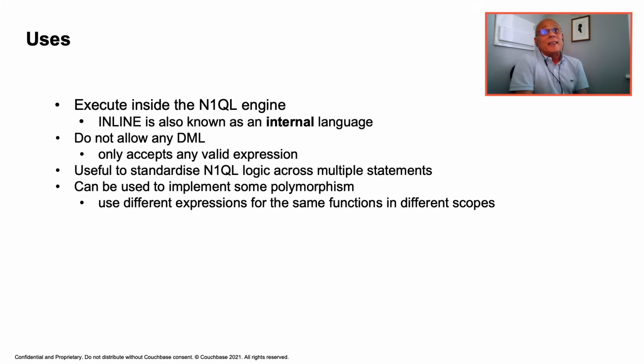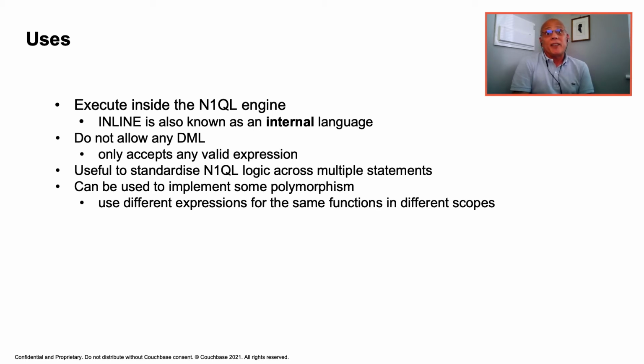So Inline, as I was saying, is known as an internal language because it executes inside the Nickel engine. It is executed by the expression and execution layer of the Nickel engine. And as I said, it does not accept any DML. So it doesn't have side effects, and it can be used safely in any sort of circumstance.